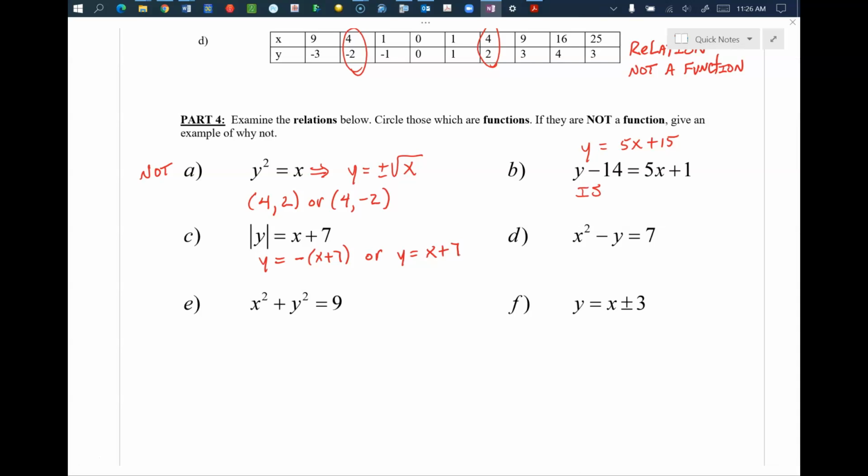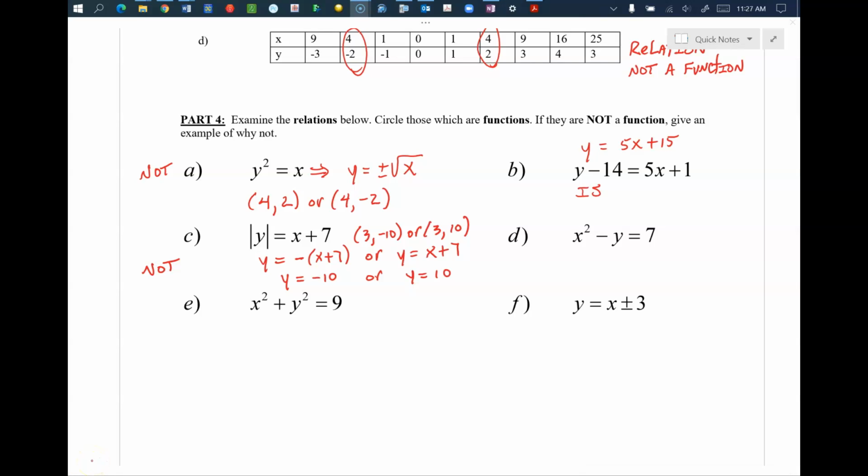I don't know, pick 3. 3 plus 7 is 10, so y would be equal to negative 10, or y is equal to positive 10. So in that case, an x value of 3 is paired with a y value of negative 10, or an x value of 3 is paired with a y value of positive 10. So C is not a function.